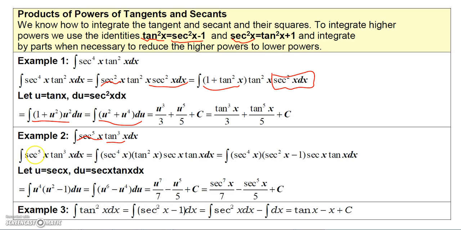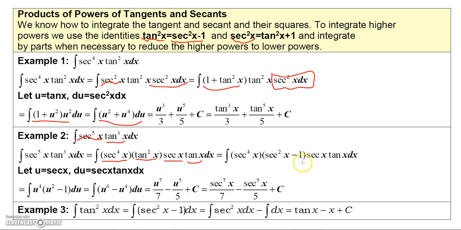I'm going to rewrite secant fifth x as secant fourth x times secant x, and I'll put the secant x over here. And I'll rewrite tangent cubed x as tangent squared x times tangent x, and I'll put the tangent x over here. Then I'll go ahead and replace the tangent squared x with what I have up here, secant squared x minus 1.